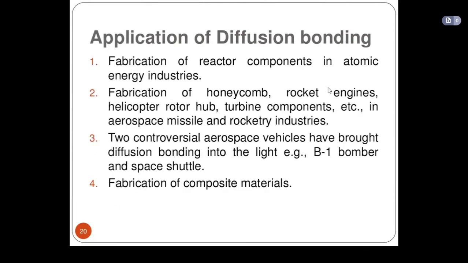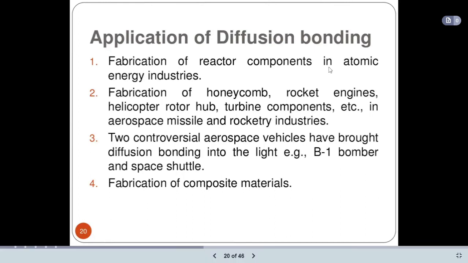Now we will discuss the applications of the diffusion bonding. Fabrication of reactor components in the atomic energy industry. Means in the atomic energy industry, to fabricate the reactor components, different parts are used, and to join the components of the reactor, this diffusion welding is used.